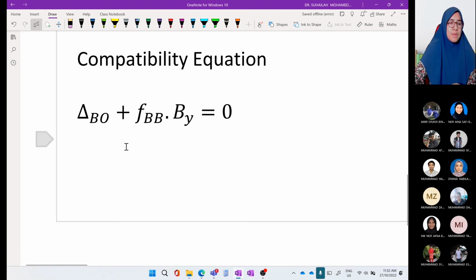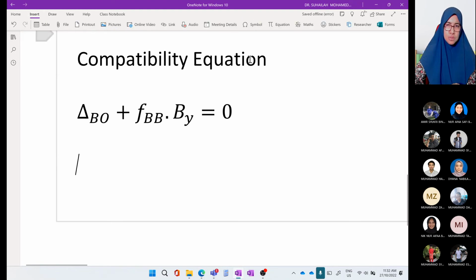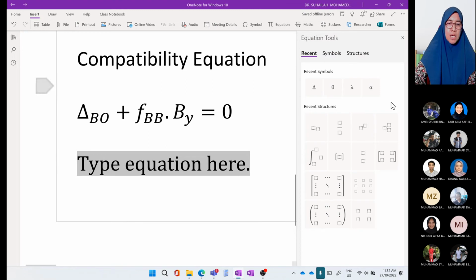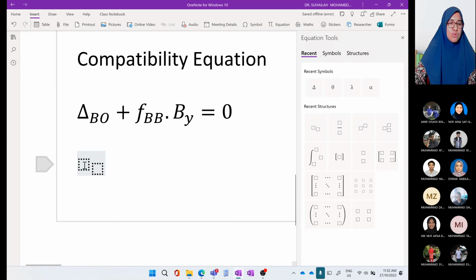Okay, so what is delta B naught? We apply the formula that we used last semester to calculate delta, where we have two moment equations. What is the formula for delta B naught?